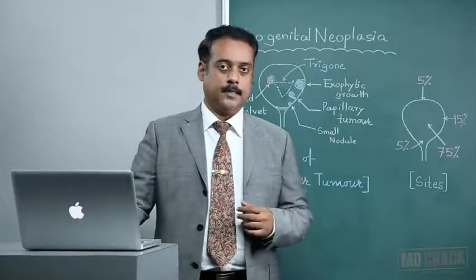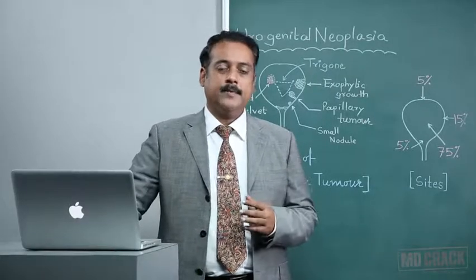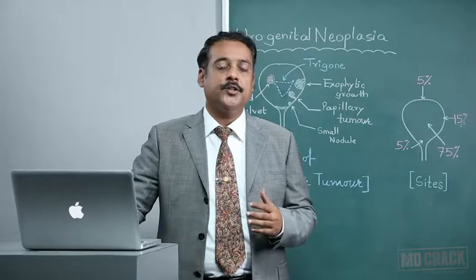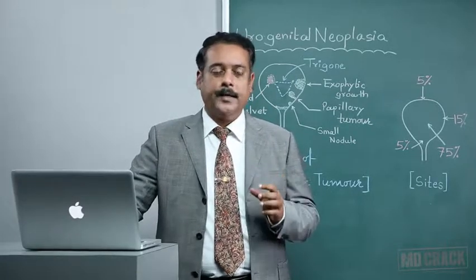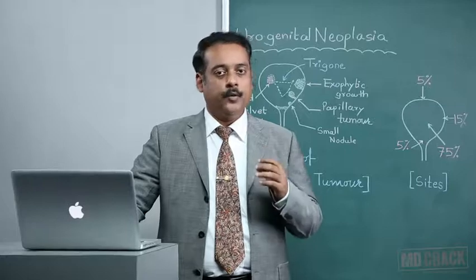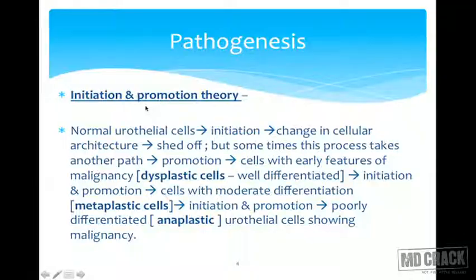Now the pathogenesis. One theory of initiation and promotion has been contemplated in development of CA bladder. We will have a look how it goes. Initially, there is a normal urothelium. Now, as you are aware, normal urothelium consists of 7 to 8 different layers: mucosa, submucosa, lamina propria, premuscularis, muscularis, fascia, and a serosa.